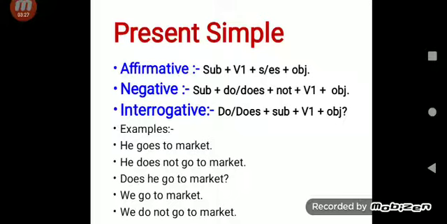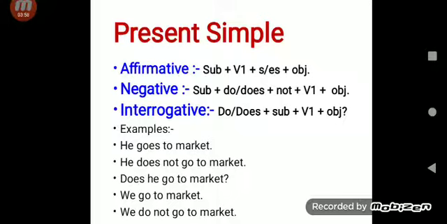Affirmative structure is subject plus verb's first form plus s or es plus object, and negative is subject plus do/does plus not plus verb's first form plus object, and the interrogative is do/does plus subject plus verb's first form plus object plus question mark.